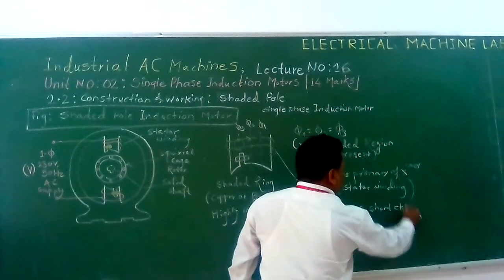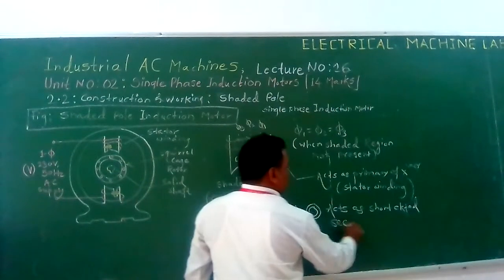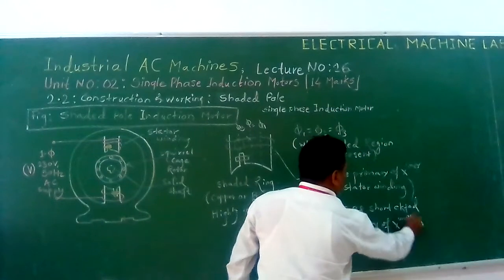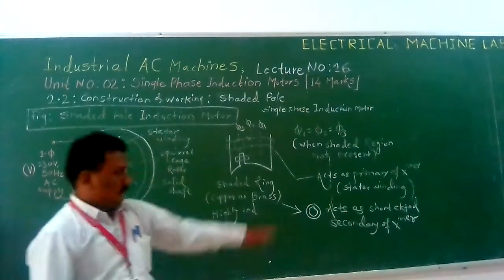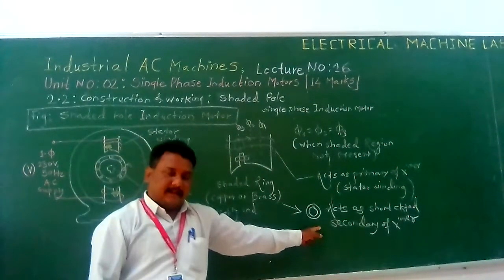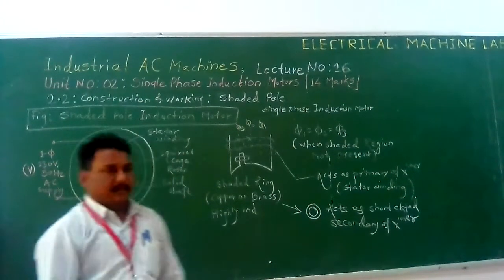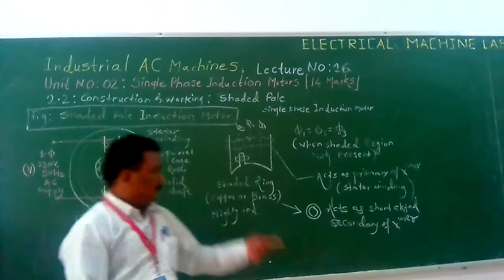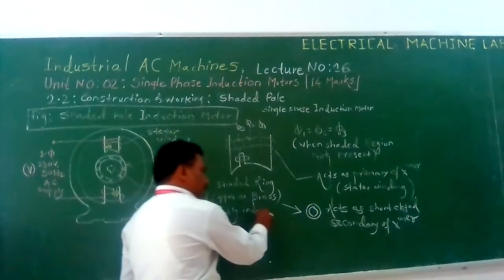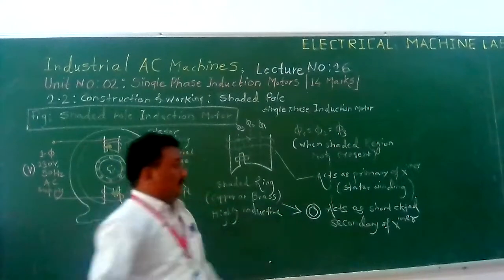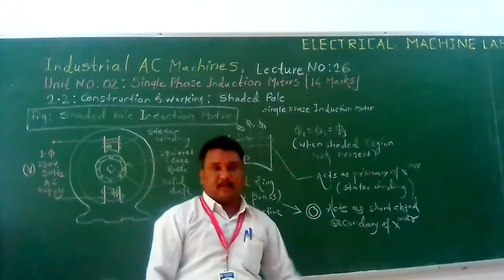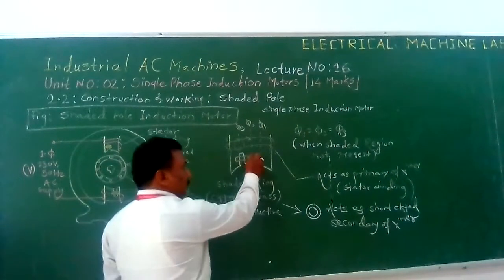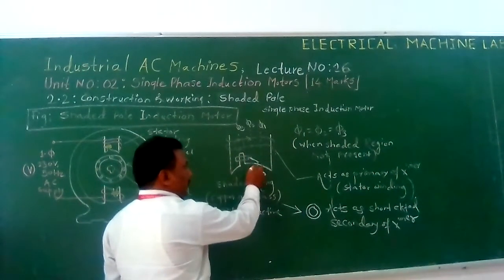These shaded rings, which are circular in shape and made of a highly inductive material, copper or brass, act as a short circuited secondary of a transformer. Now at this region an additional flux, the ring flux phi s, is produced.